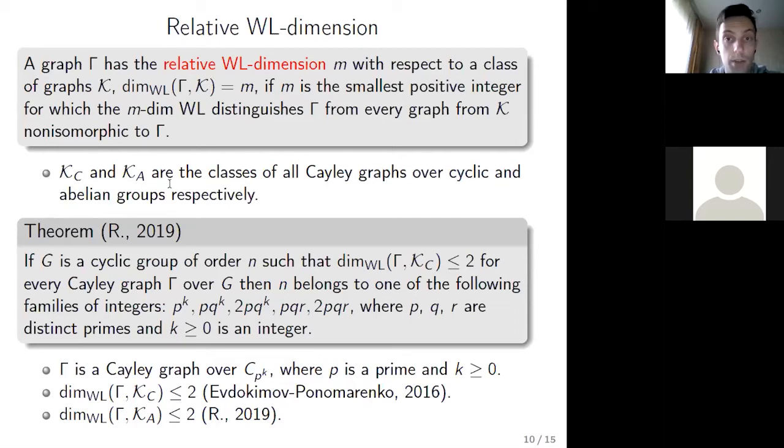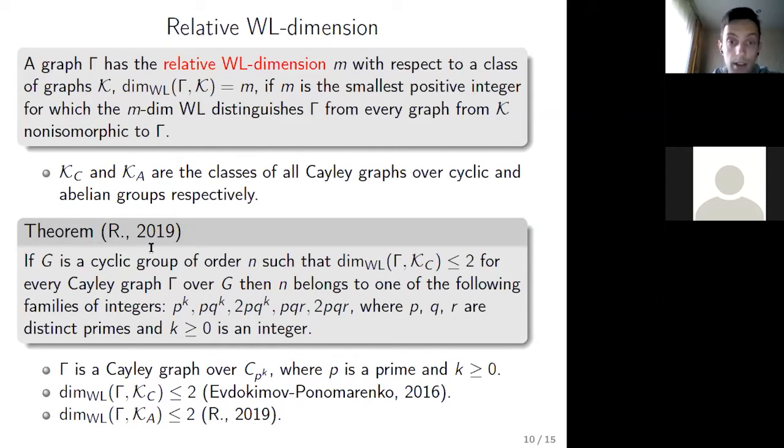Further, we present some results on relative Weisfeiler-Leman dimension for Cayley graphs over cyclic groups and over abelian groups. Denote by Kc the class of all Cayley graphs over cyclic groups, and by Ka the class of all Cayley graphs over abelian groups. So, the first theorem on cyclic groups. Suppose that G is a cyclic group of order n such that the relative Weisfeiler-Leman dimension with respect to Kc of every Cayley graph over G is at most 2.